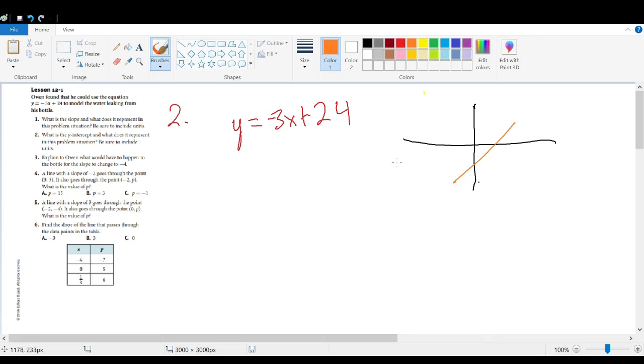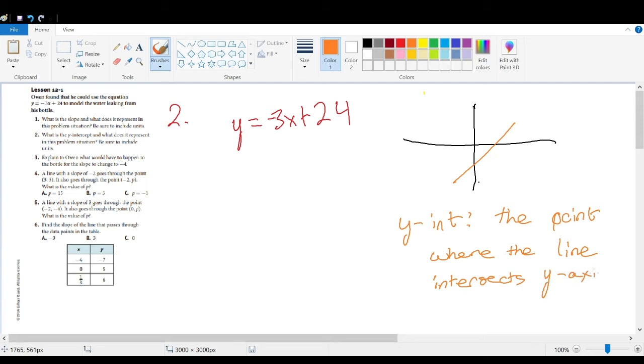The y-intercept, y-int, I'm just writing int here for short for intercept, is the point where the graph, the line, intersects the y-axis. The point where the line intersects the y-axis. That's the y-intercept. So for example, in this line that I just drew, it would be here.